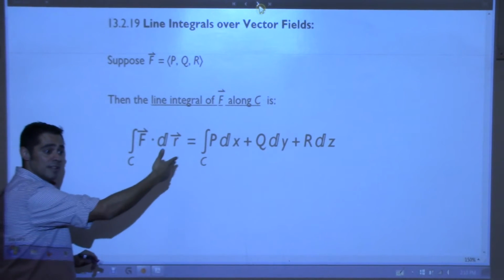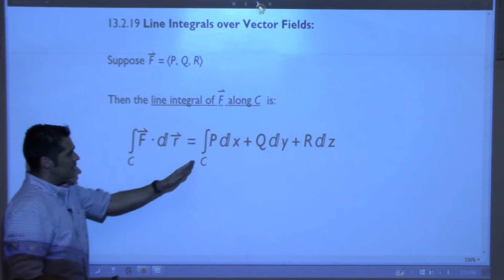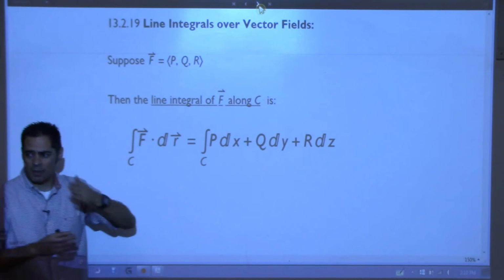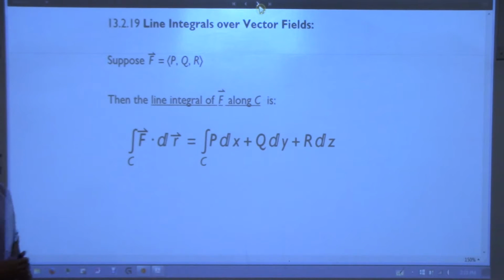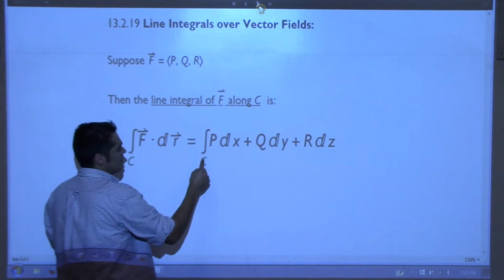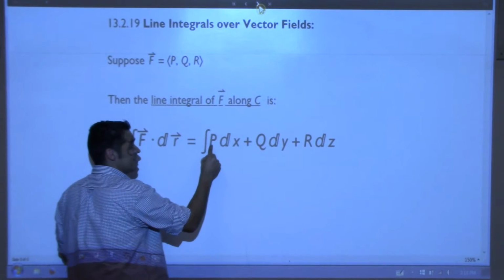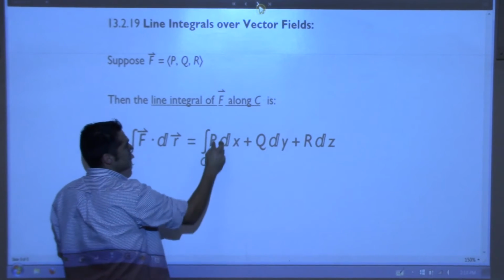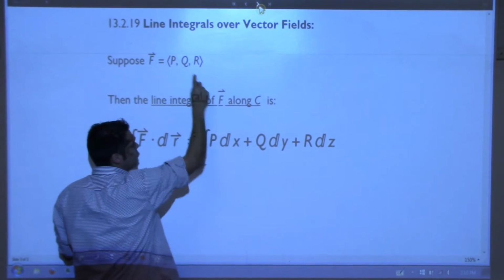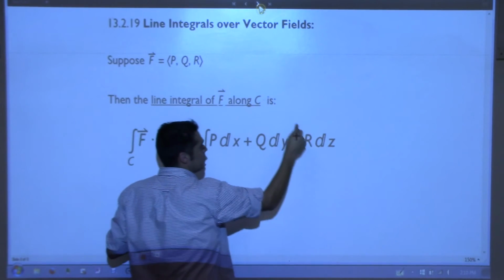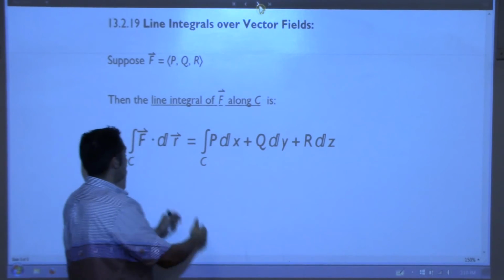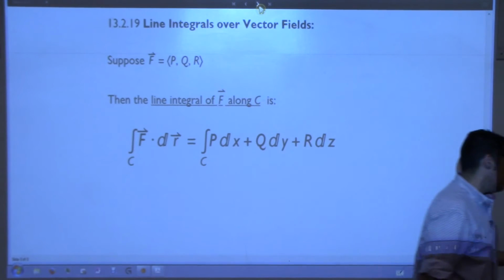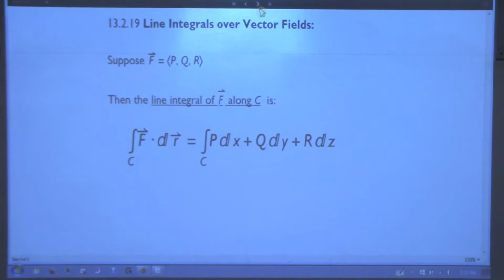If your vector field has P, Q, and R as its component functions, then if you take the line integral along C of the scalar function P with respect to x, then add to that this one with respect to y, and then this one with respect to z, that is the same as doing this integral. So sometimes it might be a little easier for us to use the other version.